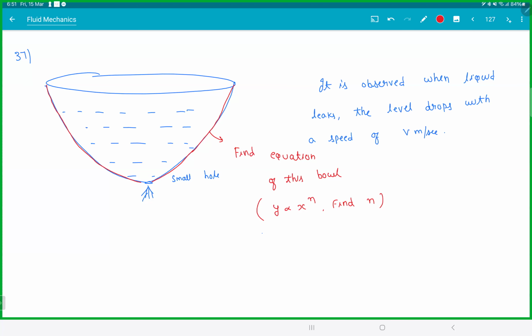Any answers? Find n. Just get me that. It's okay if you can't type the equation. If y is proportional to x power n, find n.